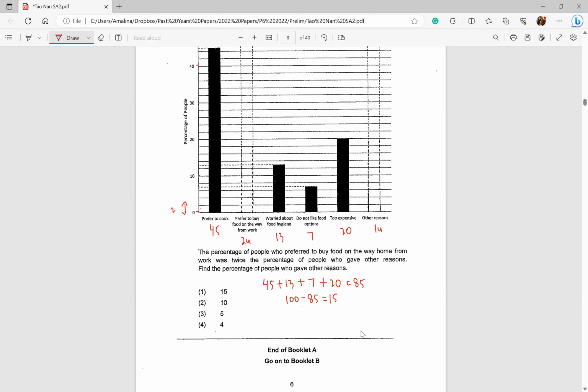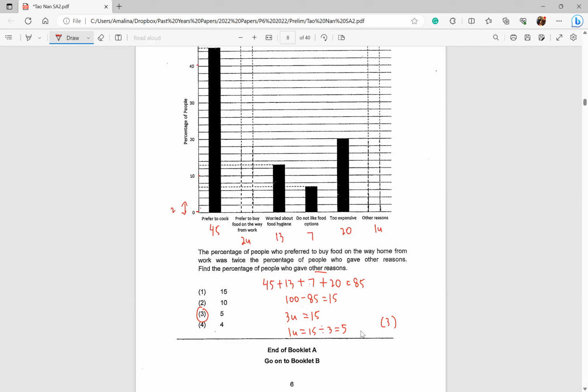So 15% here is for 3 units. I want to find 1 unit, so I divide this by 3. I get 5%. Since I know that other reasons is 1 unit, the percentage is 5. So it's option number 3.